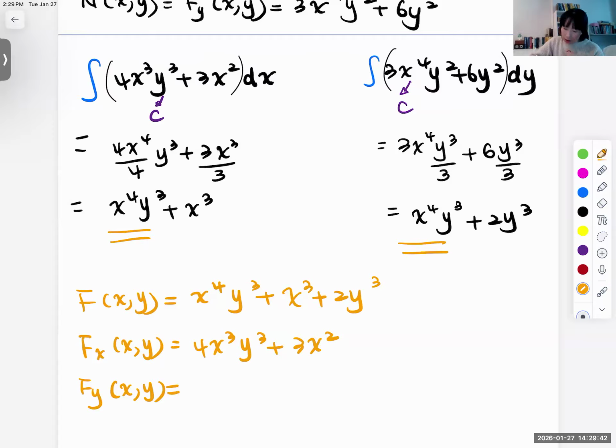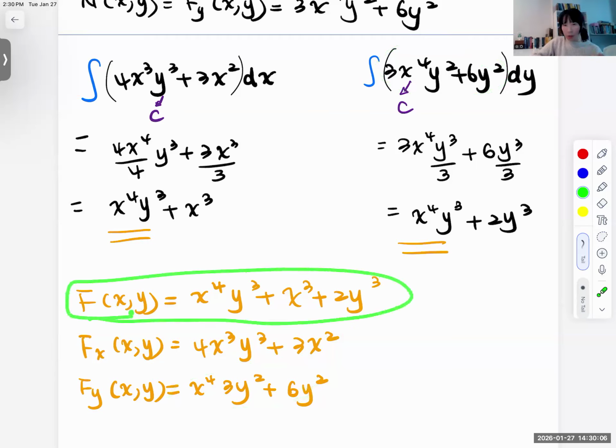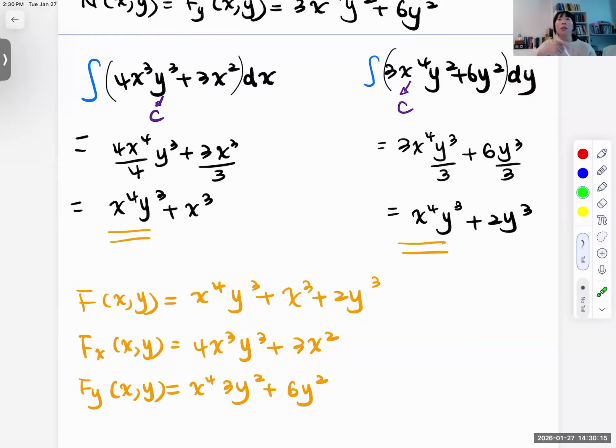Looking at the original one again, so x to the fourth power, 3y to the second power, plus 0, and then 6y to the second power. Does this one match this one? Yes, right? So this one must be the original function, the antiderivative, yeah? Okay, now, we're not done yet.